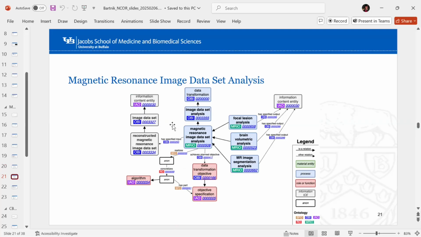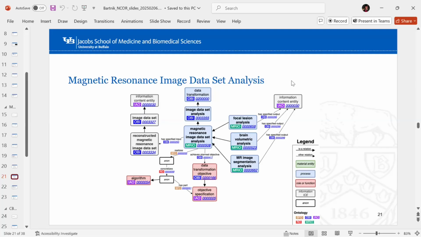That can be passed on to an MRI data set analysis, which is a child of the data transformation class from OBI. And so these are different things you can do with MRI data, such as lesion analyses, volumetric analyses, segmentation using a deep learning model. And these are all children of this MRI image data set class that all output some sort of information content entity.